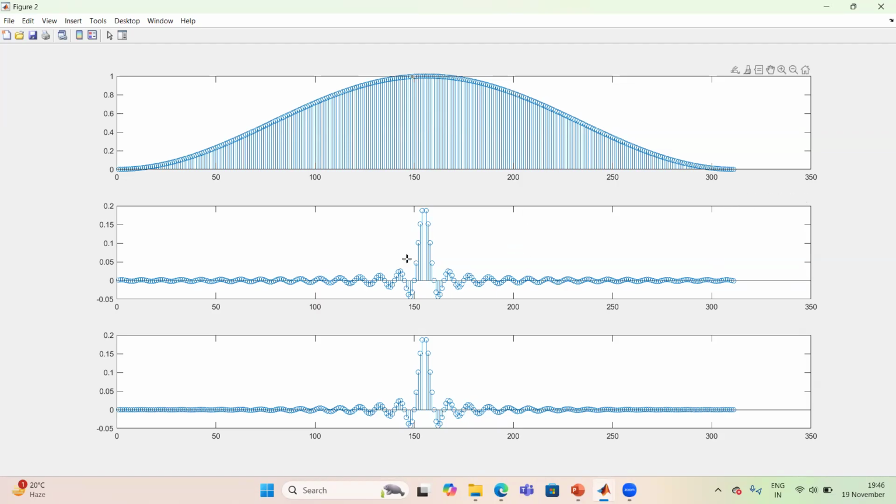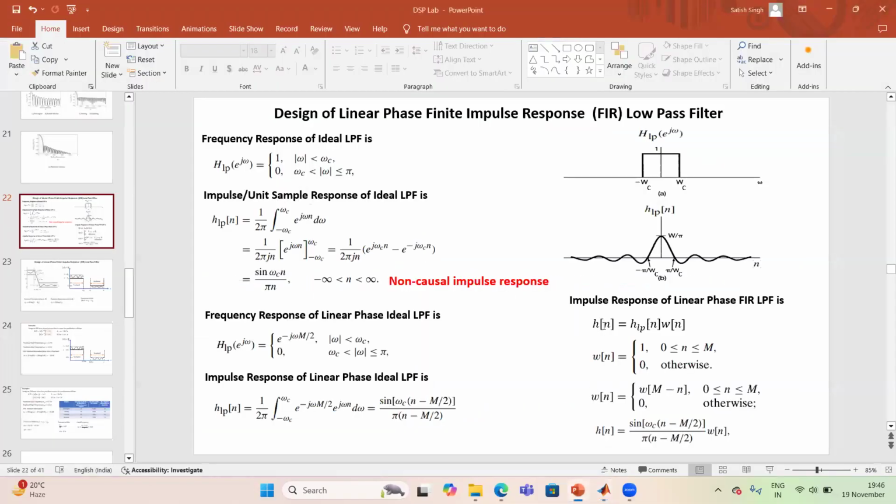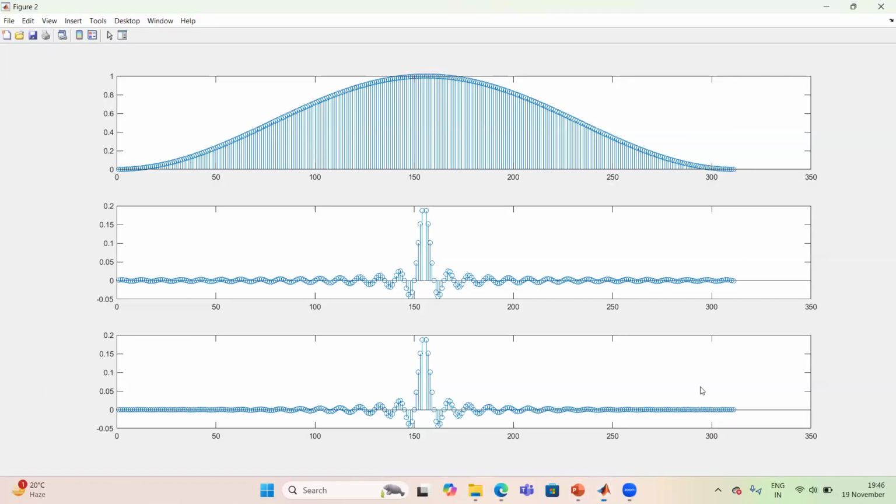Now, if we multiply this window with this particular impulse response, you are going to get h[n]. So it is h_LP[n] multiplied with the window function. If you do this multiplication, we get this h[n]. This third graph is actually showing h[n]. You might be confused about why both these curves look the same. Although they look the same, if you compare each sample point, you will find the values are different, because each is multiplied with the corresponding value of the window at that sample.